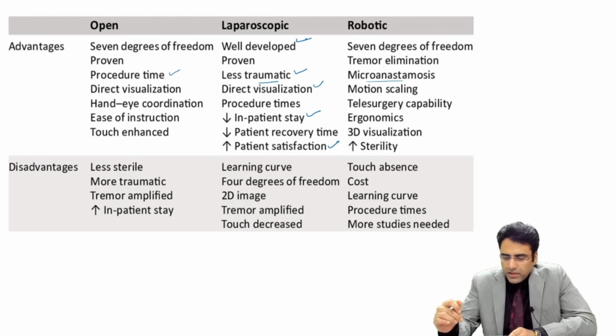Whereas the disadvantages are that the learning curve is longer, the 4 degrees of freedom are less, it shows a 2D image picture, then we have tremor amplified. Clear, though there can be tremors, and touch or tactile sensations are decreased.